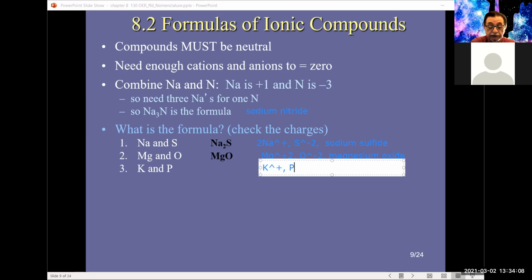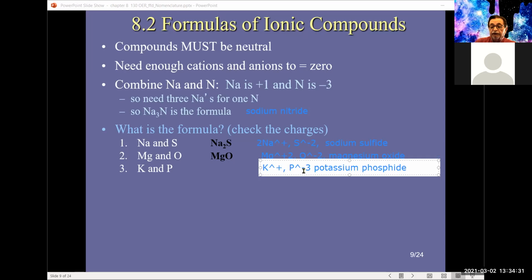Group 5 tells us that it will pick up, guess what, 3 electrons. The name of the metal stays the same, but phosphorus went to phosphide. That's the name of the anion.